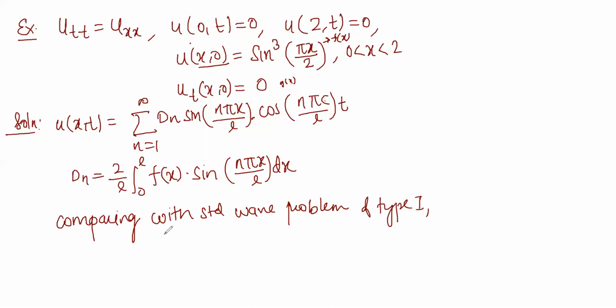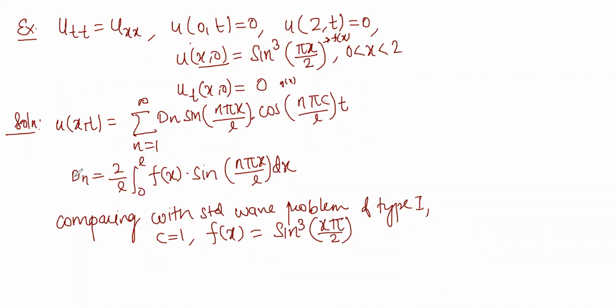We get c equal to 1 because here there is nothing, so c is 1, and your f of x is nothing but sine cube of x pi by 2. So that's my f of x.